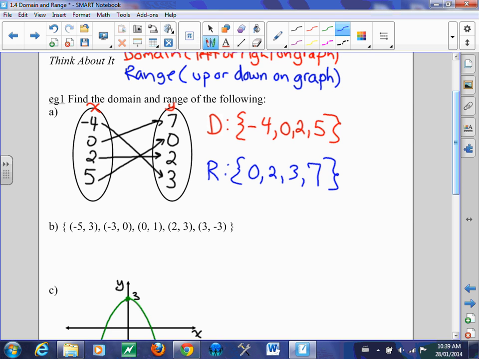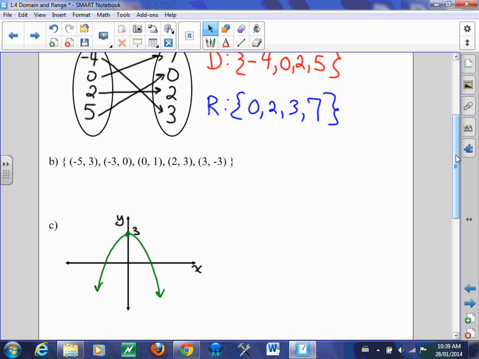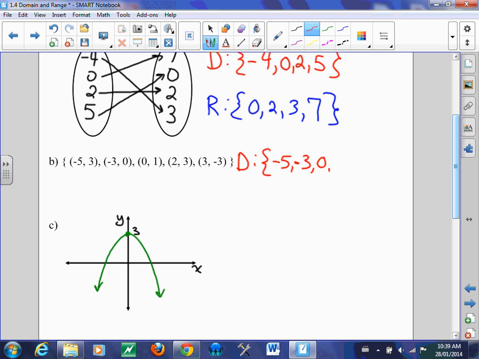All right. Let's take a look at a list of data points, or you could think of this as a table of values, ladies and gentlemen. When we go to do our domain, we have a set of numbers. What's our smallest x value, ladies and gentlemen? -5, -3, 0, 2, and 3. Yeah, my swirly brackets sometimes aren't perfect either. Okay, and our range, ladies and gentlemen.